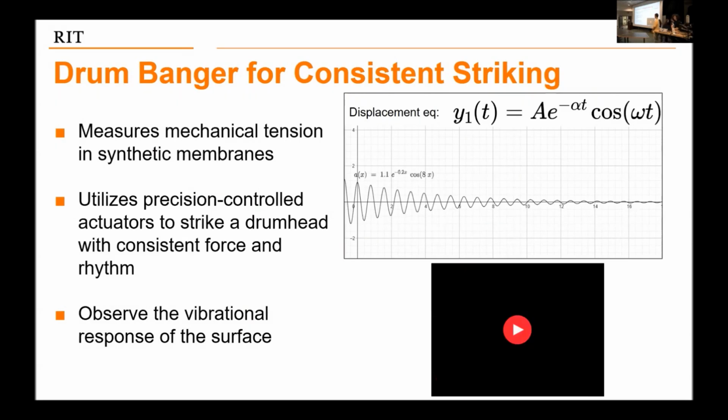So maybe the answer to this is it came from a paper, but the equation here that's shown, is this something you developed? What are the vertical axis units, or is this just for illustrative purposes? The main equation is something that we developed as a general equation to measure the displacement and tension within the drumhead.